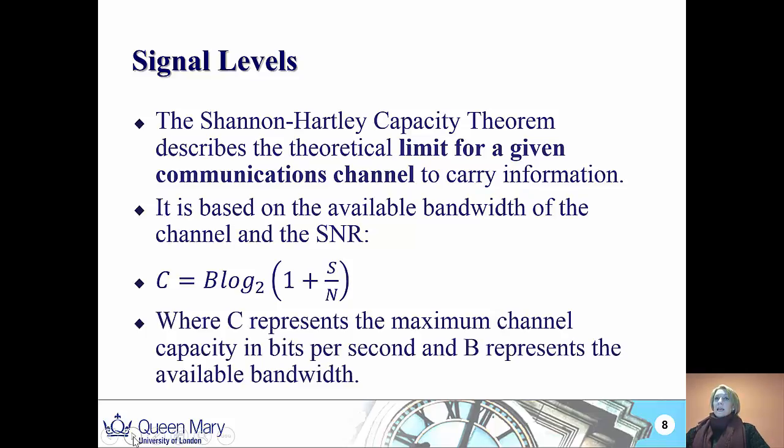Our channel capacity is the maximum amount of data which may be transmitted, measured in bits per second. And we also take into account our available bandwidth in our network. So in relation to our available bandwidth and our signal to noise ratio, we can determine the overall channel capacity.